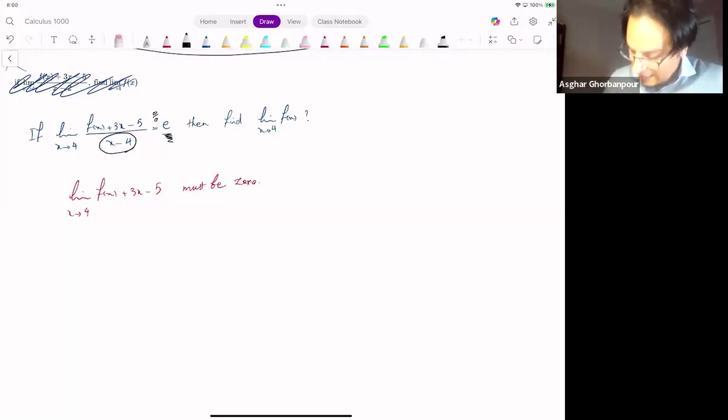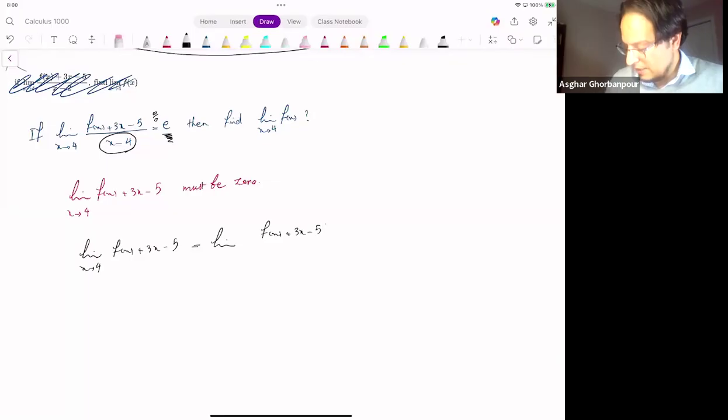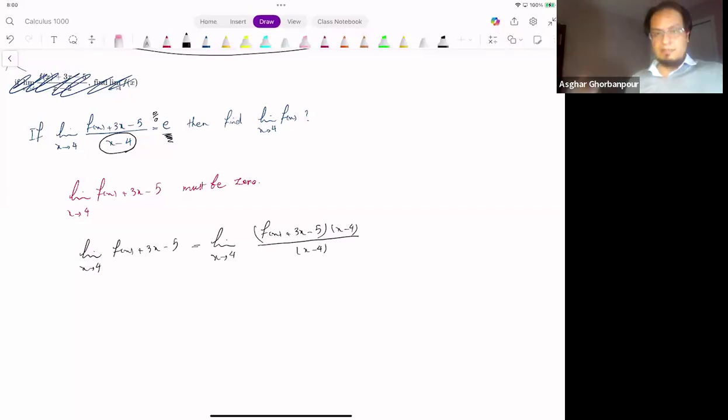Another way of saying that is that the limit of f of x plus 3x minus 5 as x goes to 4 is the same thing as the limit of (f of x plus 3x minus 5) over (x minus 4) times (x minus 4). I can multiply and divide, yes?